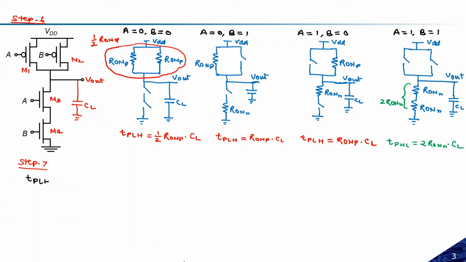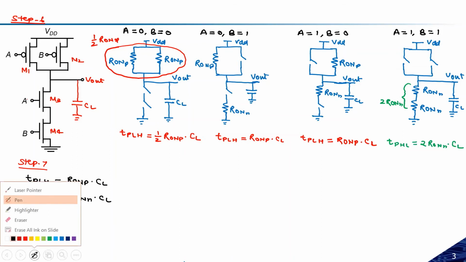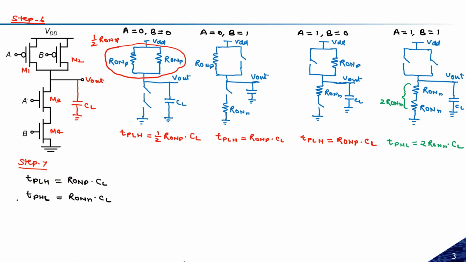The worst case TPLH is R on P into CL, and for TPHL, we have only one case, so it will be 2 times R on N into CL.